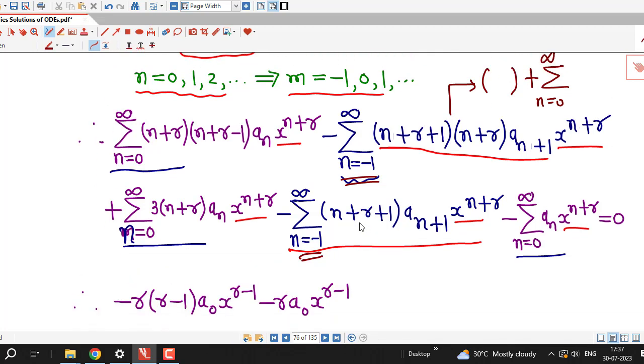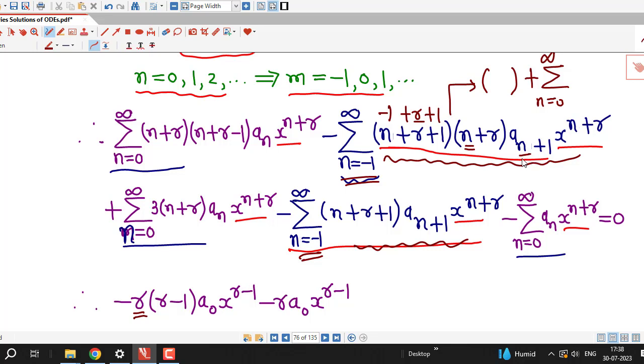So for that, first I have written the terms corresponding to n equal to minus 1 in these two summations. If I take n equal to minus 1 here, then you can see I will have minus 1 plus r plus 1, 1 will get cancelled and I will be left with r, and I have a negative sign here. If I take n equal to minus 1 here, I will have r minus 1.